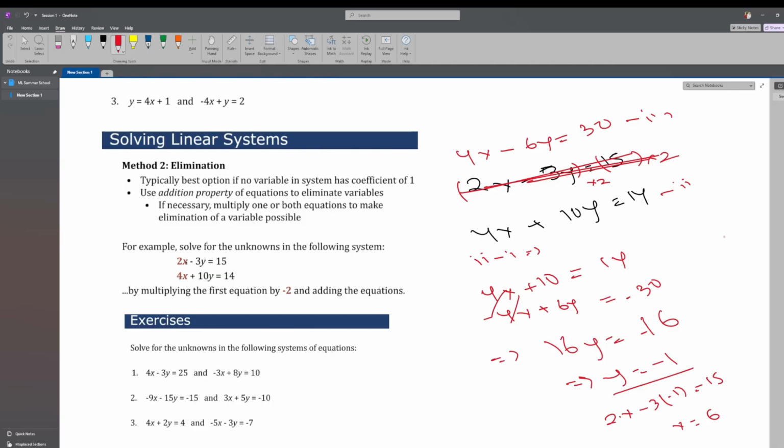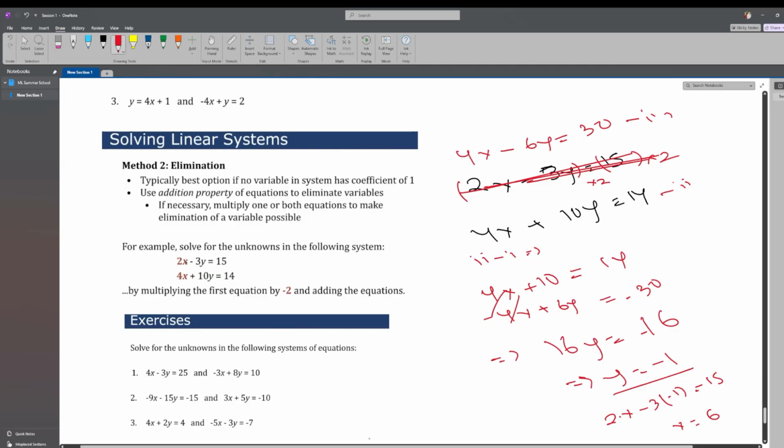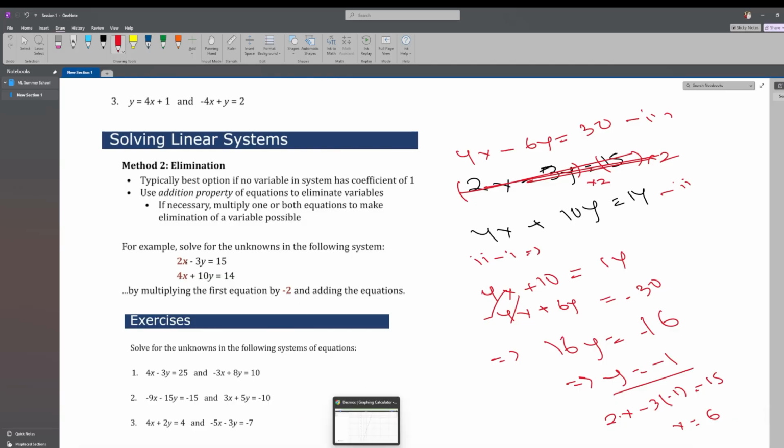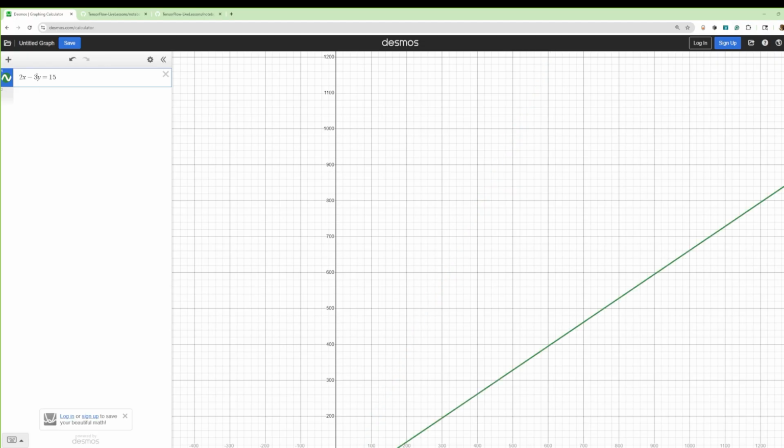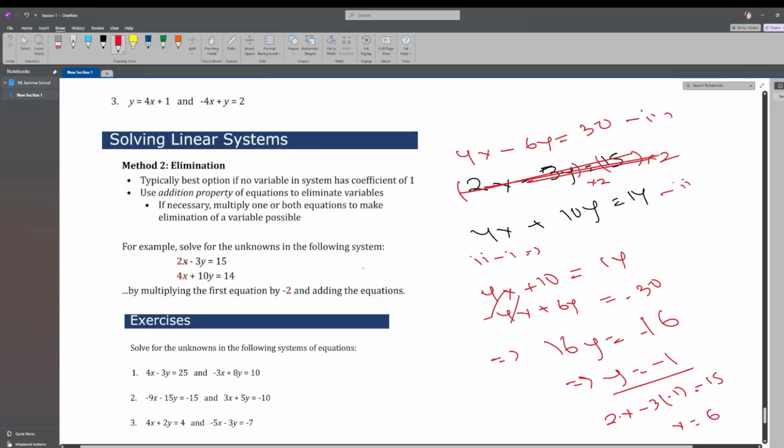Let's just verify this answer by plotting it. 2x minus 3y equals 15. 2x minus 3y, right, isn't it?